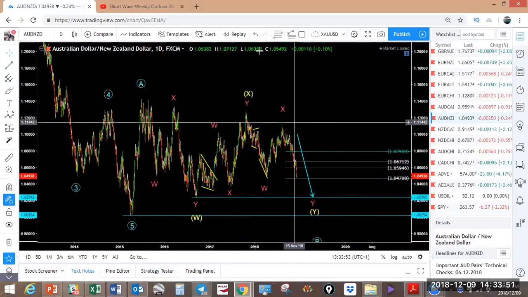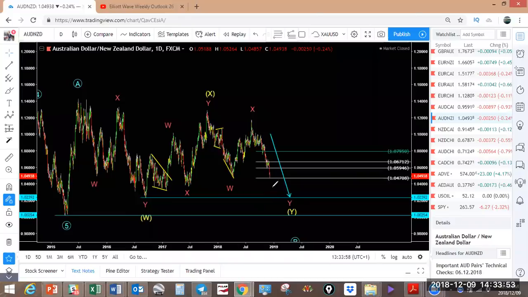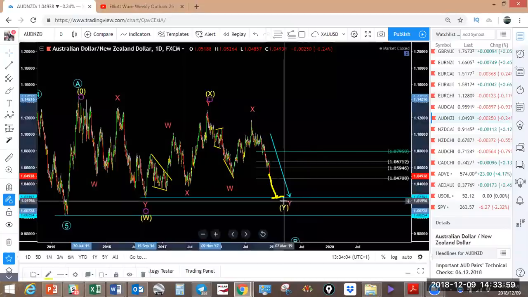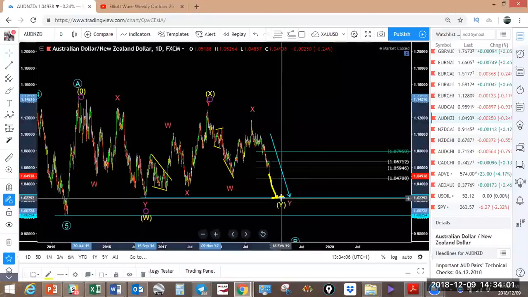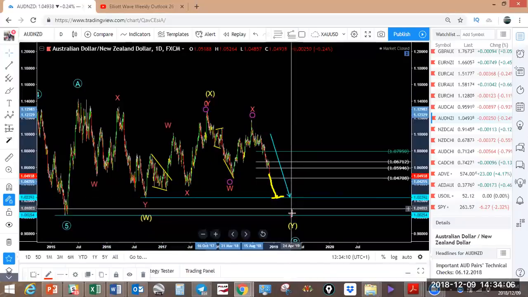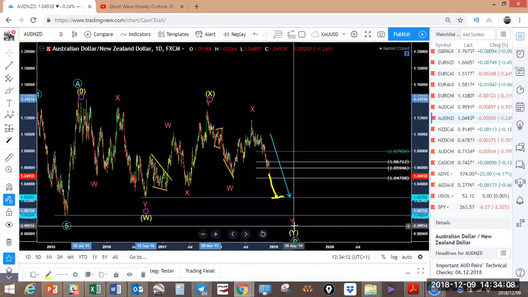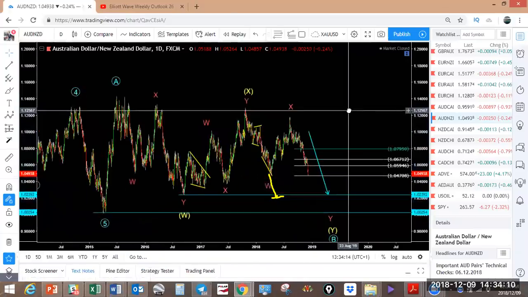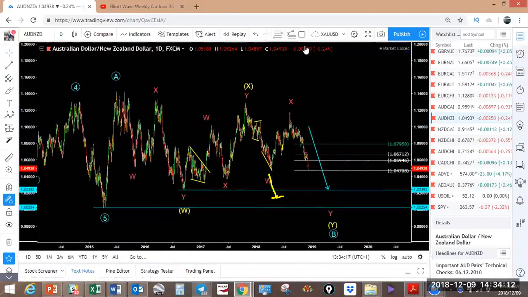So any pullback on this pair, you keep selling it. This is the first place where it can make a structure. So this can be a WXY up to this level, but it will be too short. So we prefer it to come to the second level at parity. At that point, Audi and New Zealand will be at parity, yes.